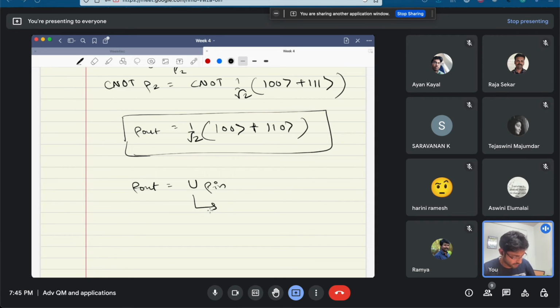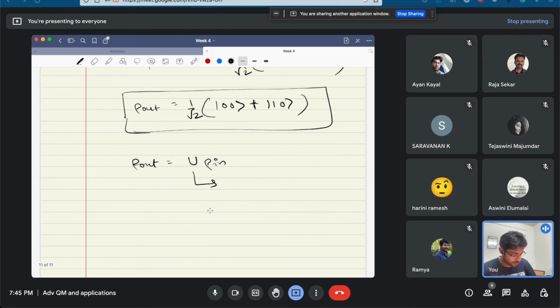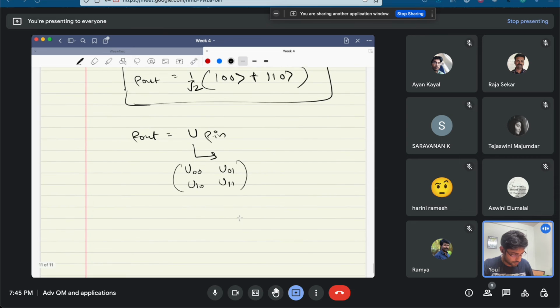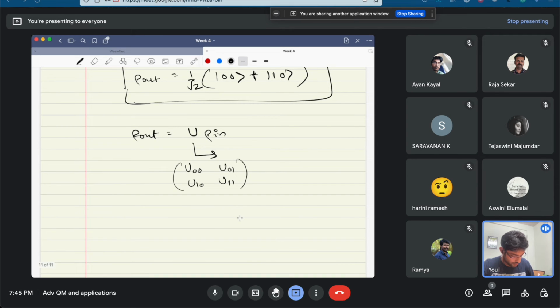Now in order to find this, you have to find each of the elements, that is 00, 01, 10, 11, and in order to find that, you see what exact operations you are doing on it that impact the result. So let's say you find out your U00 through your operations.